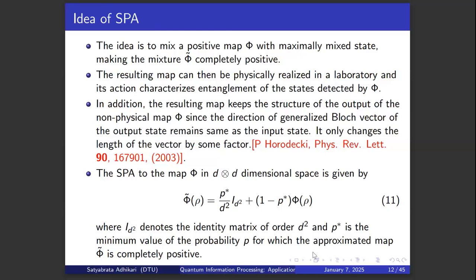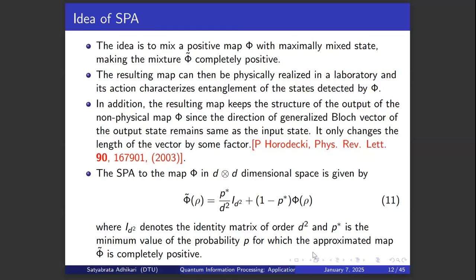What do you mean by maximally mixed state? The maximally mixed state is also known as the depolarizing state, and mathematically it can be denoted by the identity operator. So you have to make a mixture of the identity operator and the given positive map in such a way that the resulting map will be completely positive.